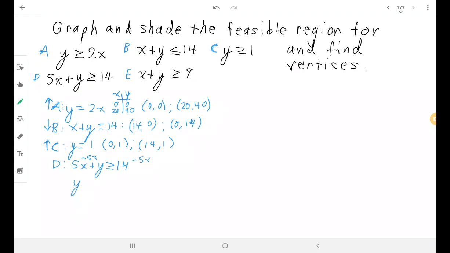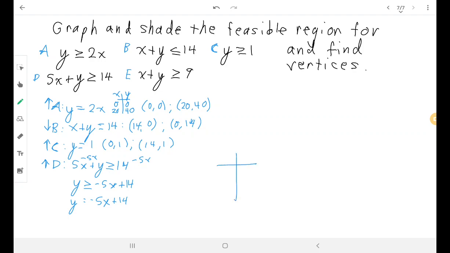And we'll have y is greater than or equal to negative 5x plus 14. And then I can see that it shades up.